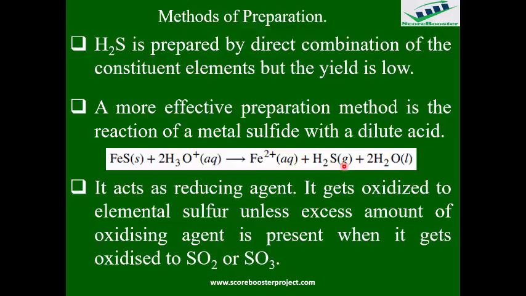That is if there is excess amount of oxidizing agent. If there is no excess, you have elemental sulfur. But if there is excess, you have SO2 or SO3 depending on the excess.